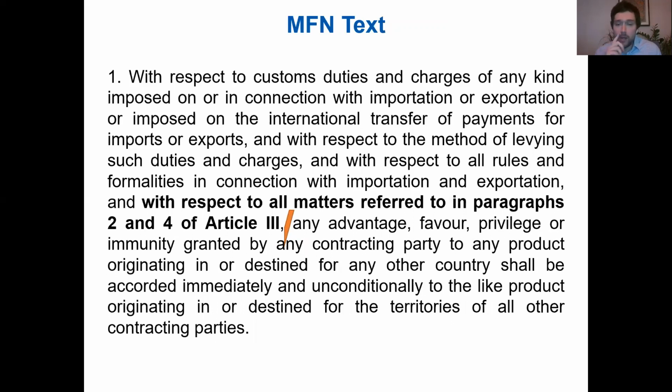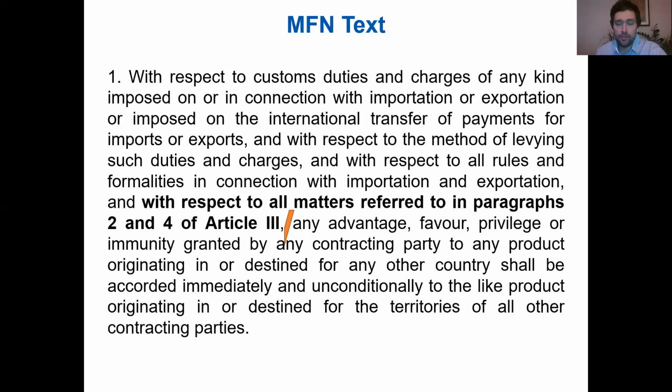However, what is tricky is whether this provision actually covers the type of measures we are talking about. So let's get back to the first half of the provision, and you see here I already highlighted the most important words. So what is the scope of obligation in Article 1? What does it apply to?